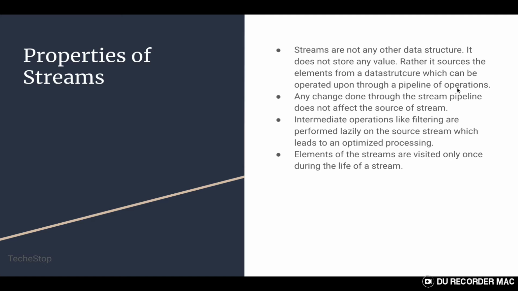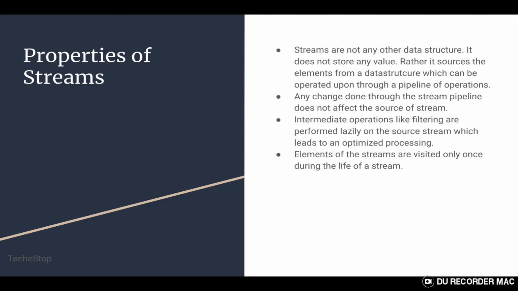Every stream is a sequence of operations which we perform on a particular data source, and that data source will be a data structure. Any change done through the stream pipeline doesn't affect the source of the stream. You have a set of operations performed on that data structure, which can be an array list or a set.